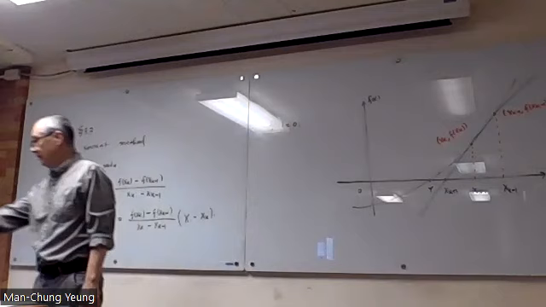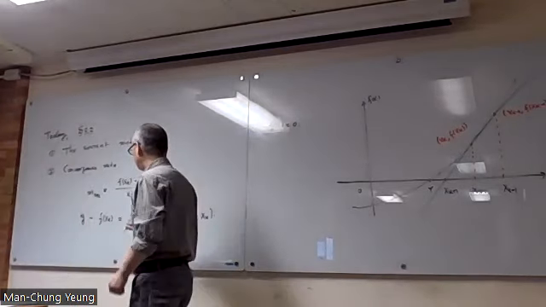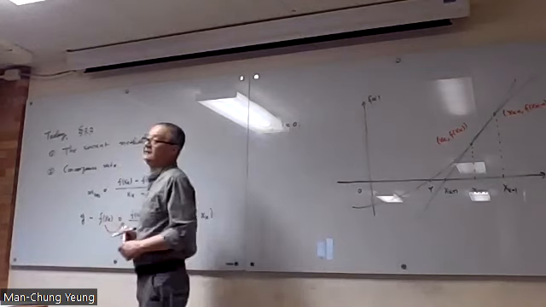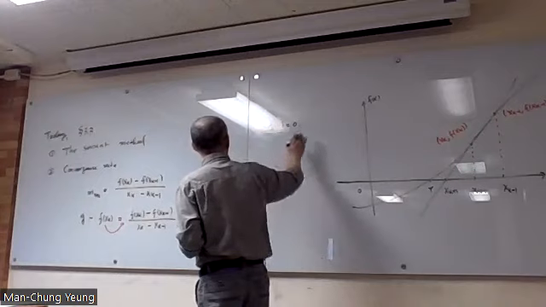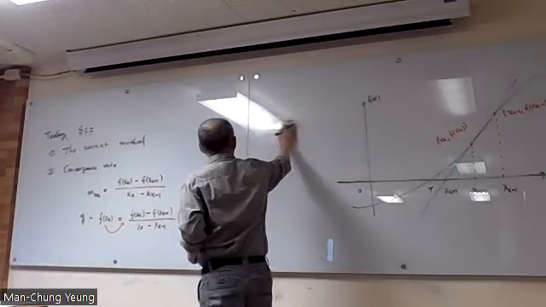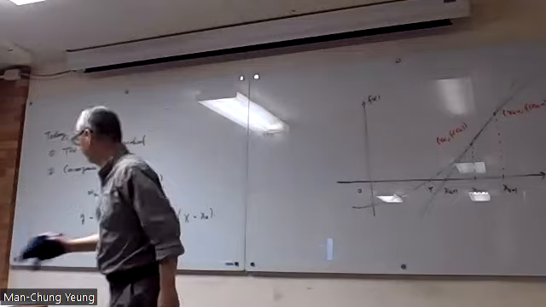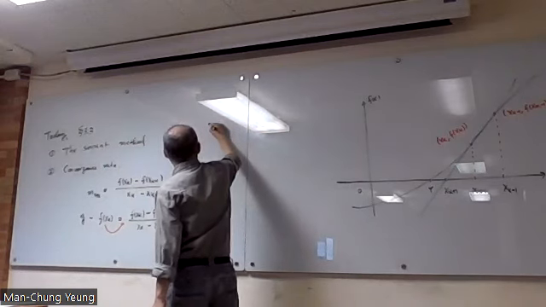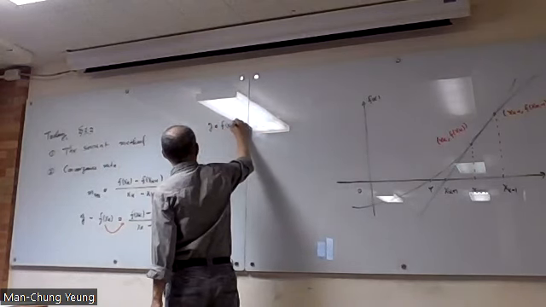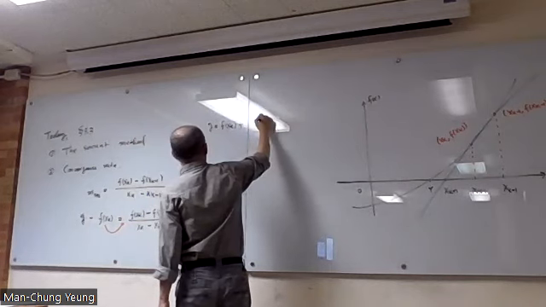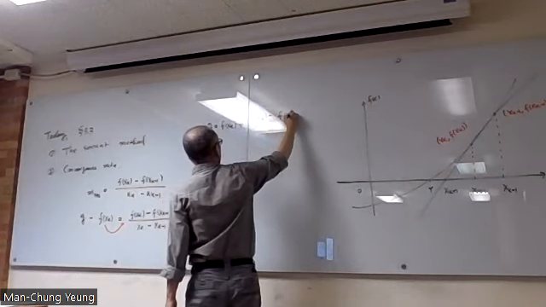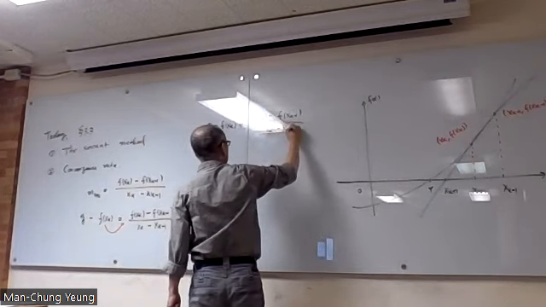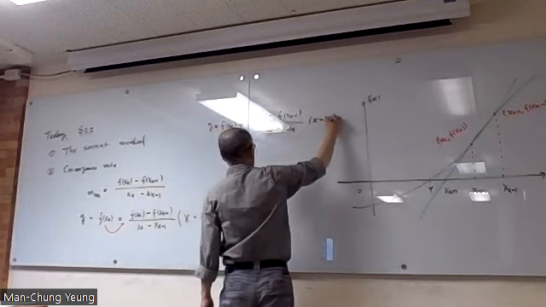Now move f(x_k) to the right side. Then the secant line equation is y equals f(x_k) plus the slope times (x minus x_k).